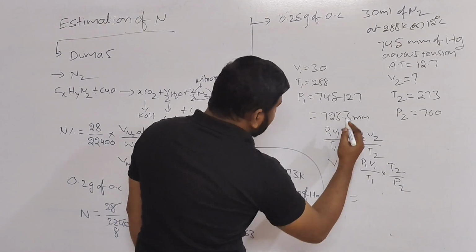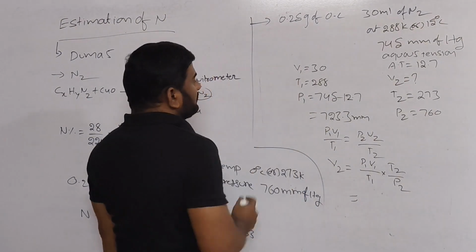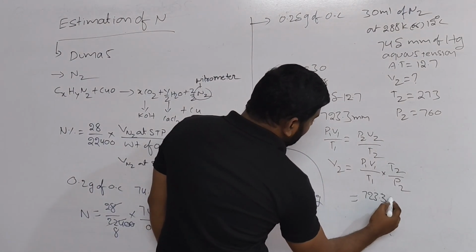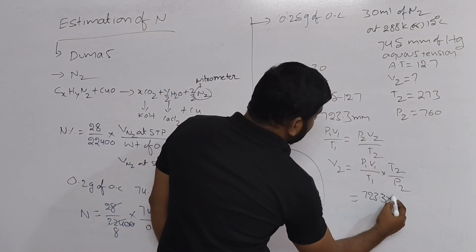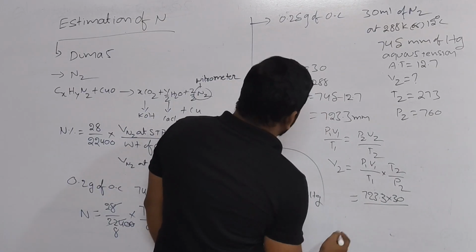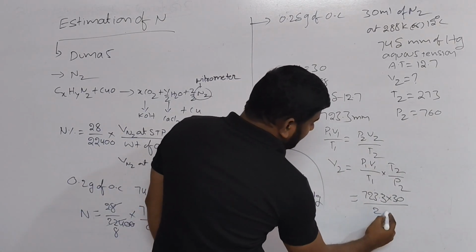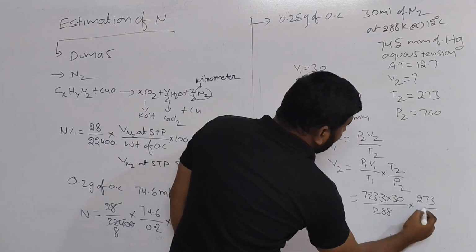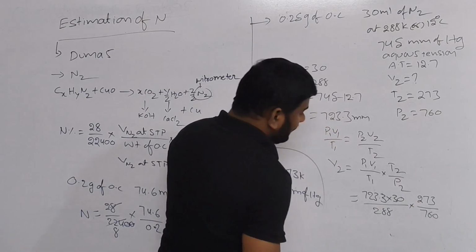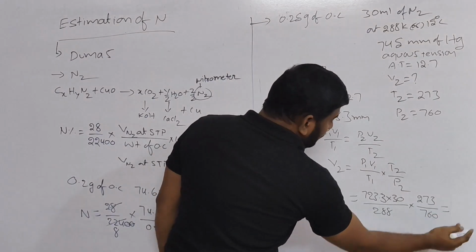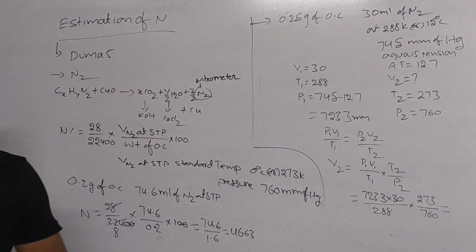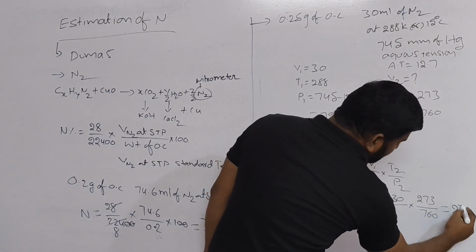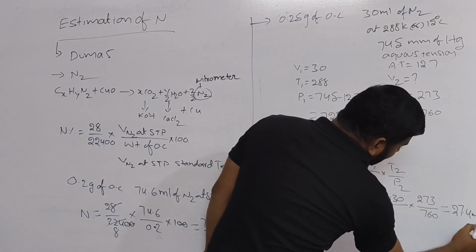Substituting: 723.3 into 30 by 288 into 273 by 760. If you solve this, you get 27.4 ml.